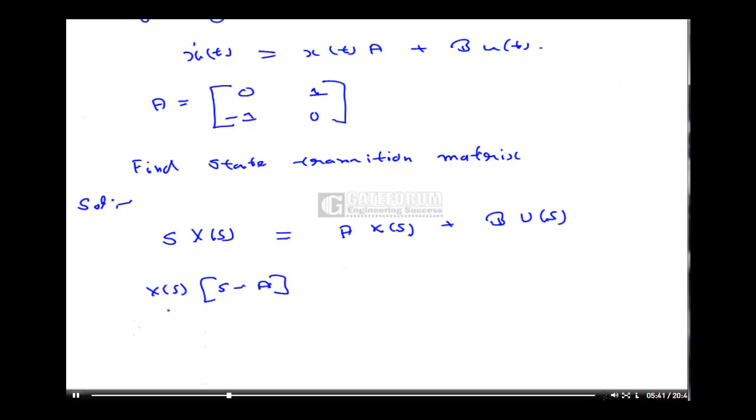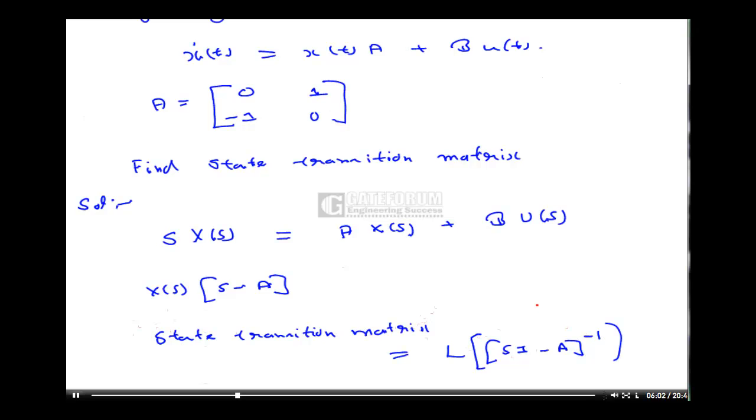Now, the state transition matrix is equal to the Laplace inverse of (sI minus A) inverse.